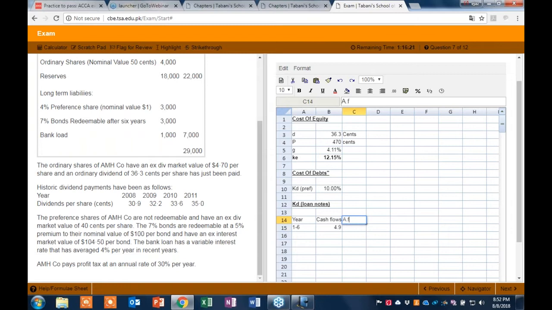So if you can just quickly tell me the annuity factor, let's say if we assume 5% as our discount rate, because you know that for IRR we have to assume two different discount rates, one rate for positive NPV and one rate for negative NPV. So let's assume that the first rate will be 5%. So if you can just go back to your discount factor and annuity factor table and tell me what will be the annuity factor at 5% for 6 years.